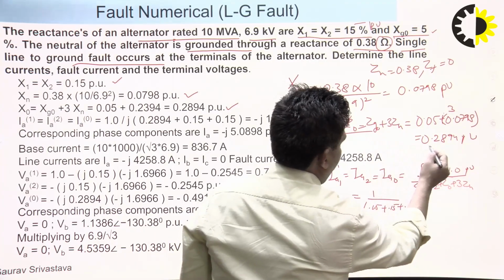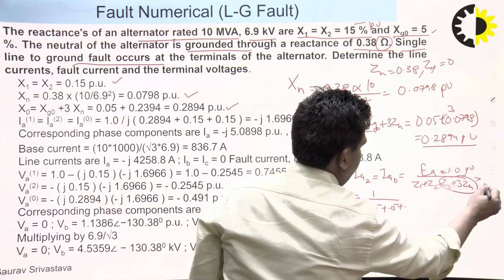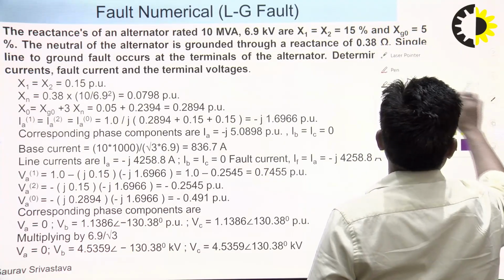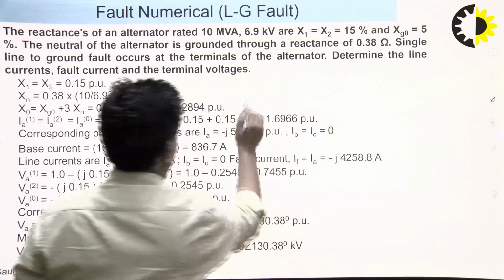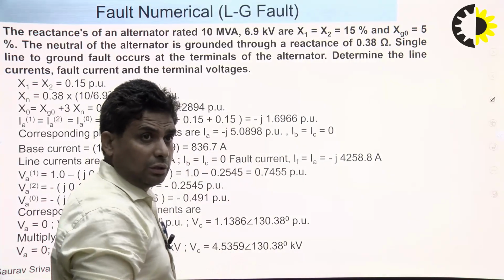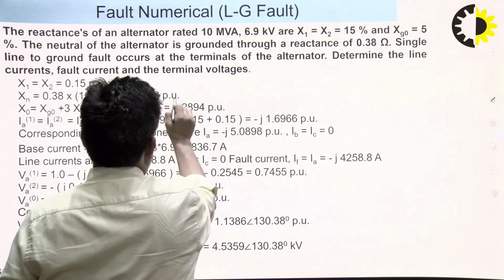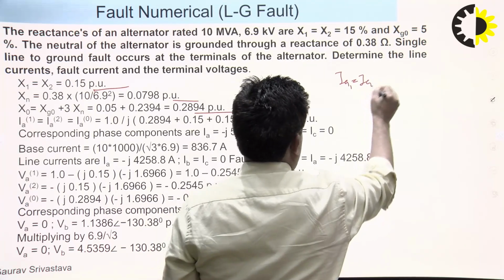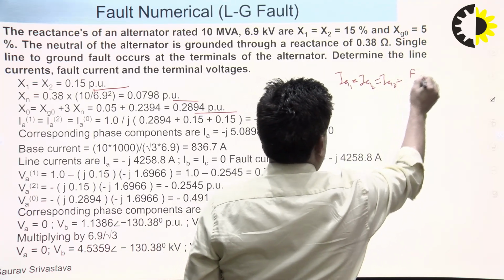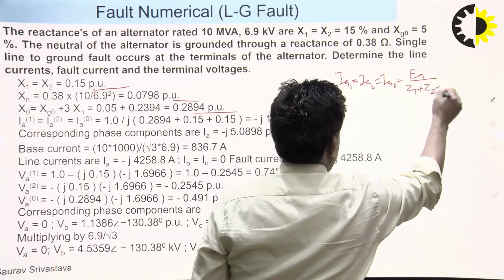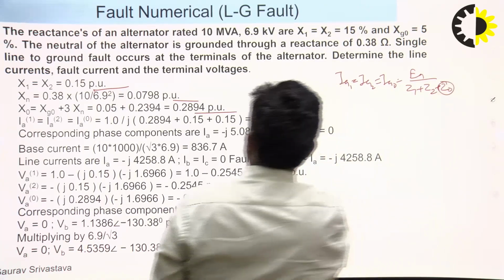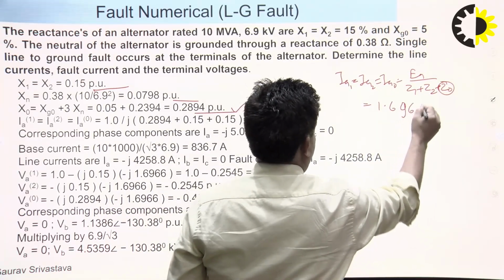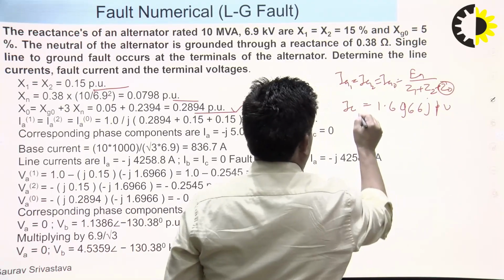We have already multiplied the 3 times directly, so we do not need to replace it again. We are using this 0.2894. So we have easily found that IA1 is equal to IA2 is equal to IA0, which is EA by Z1 plus Z2 plus Z0 plus 3 Zn, and this value becomes 1.6966 j per unit. So IA1 is calculated.